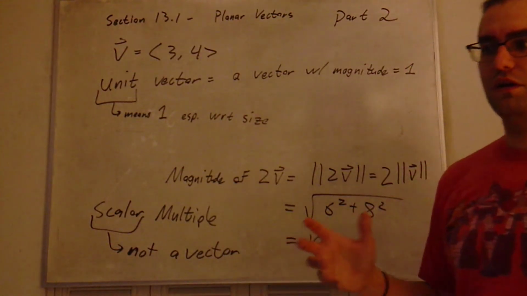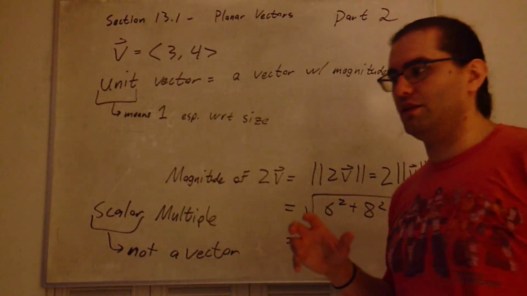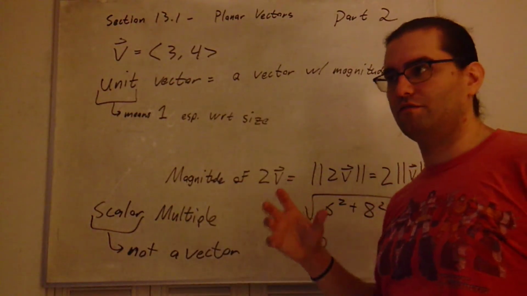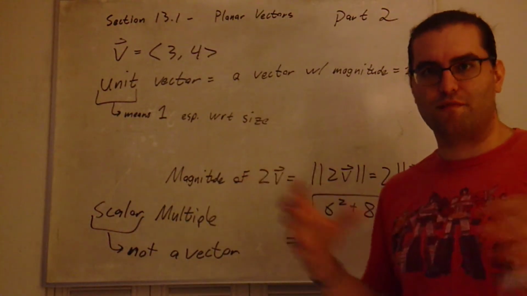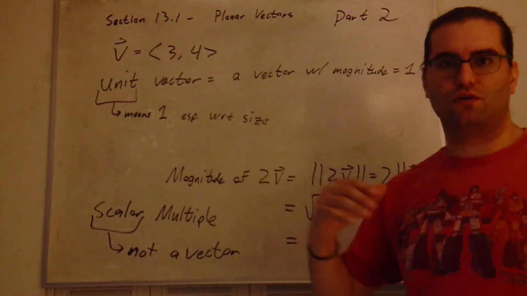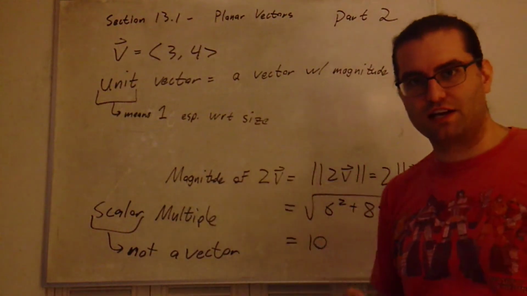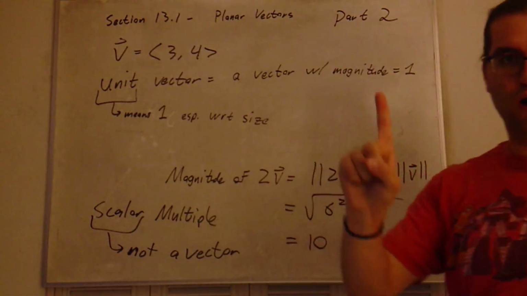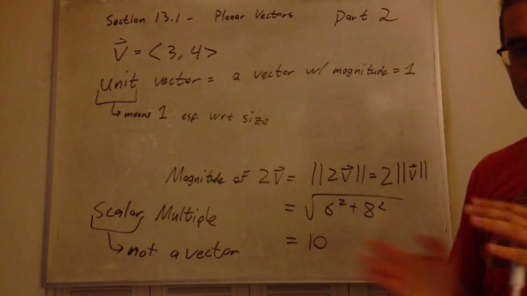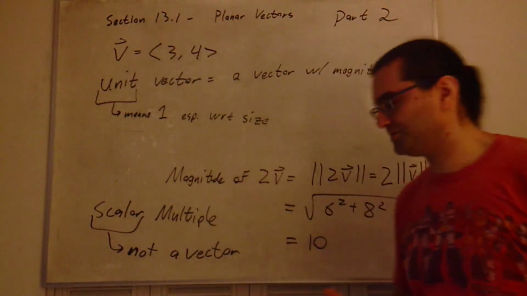So the unit vector is what happens when we sort of take away the magnitude of something and only look at which direction it's pointing. We're sort of normalizing all of the sizes of all the vectors involved at 1 so that we can only compare various directions of things.